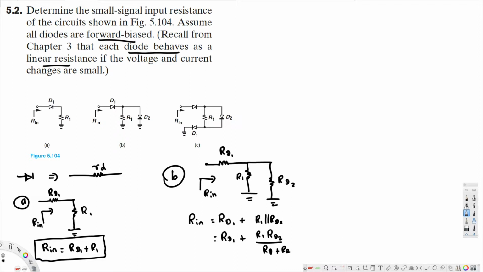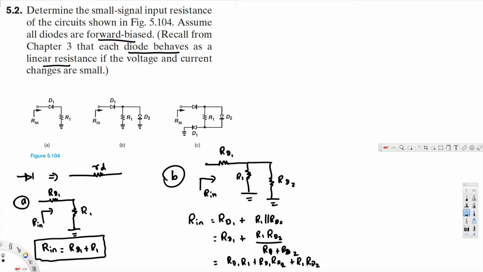And if we simplify, taking R1 plus RD2 as a common denominator, this becomes RD1 R1 plus RD1 RD2 plus R1 RD2, everything divided by R1 plus RD2. Okay, so this is the B part.